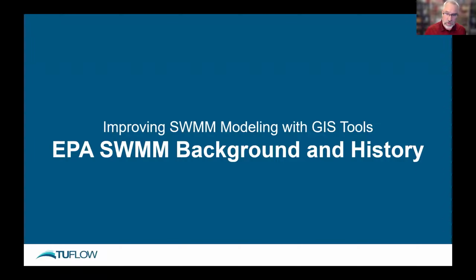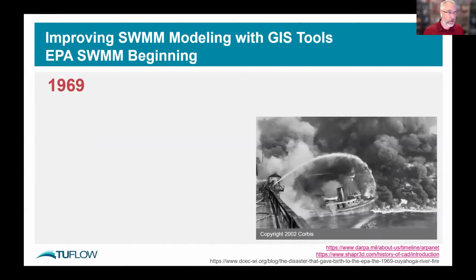So improving SWMM modeling with GIS tools. Let's take it back a little bit. EPA SWMM background and history. This dates me a bit, but 1969. I wasn't around. I could only read this in the history books. But in 1969, in the U.S., the Cayuga River in Ohio caught fire.